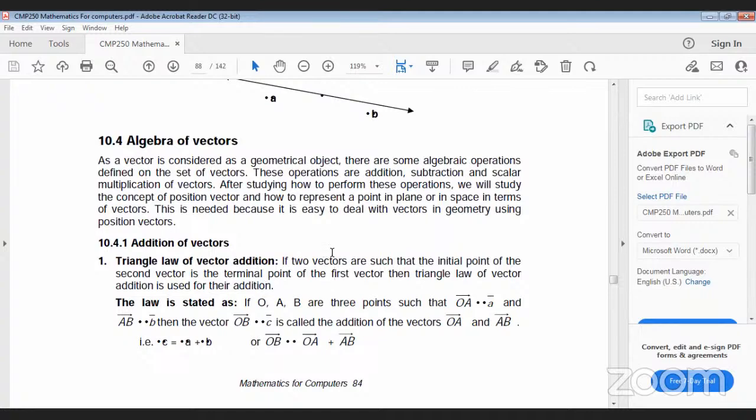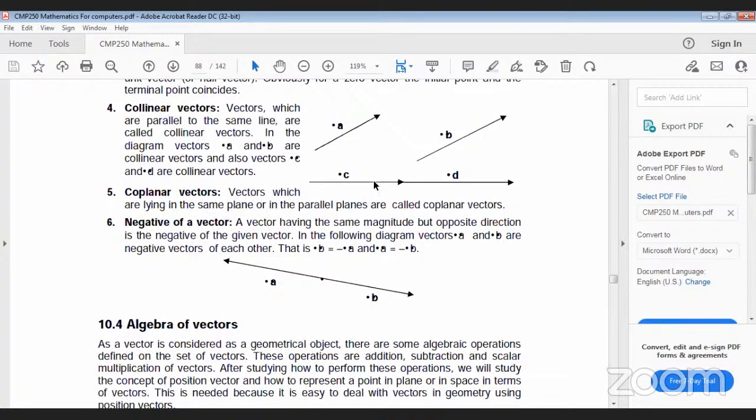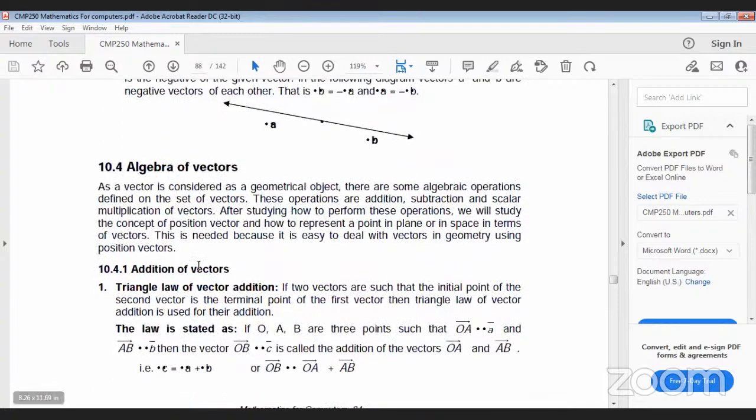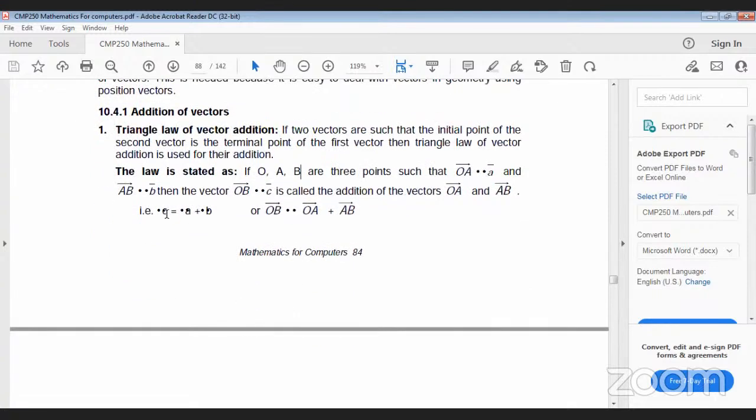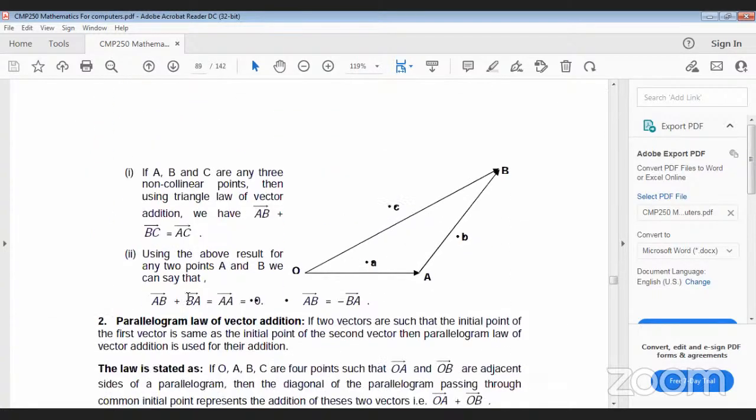That is, they are collinear vectors, so I am going to use the triangle law. So O, A, B are 3 points such that OA equals vector A and AB equals vector B. So OB equals OA plus AB. So C equals A plus B.